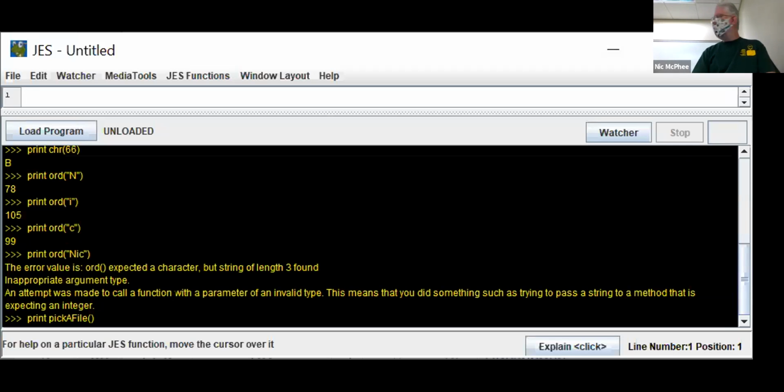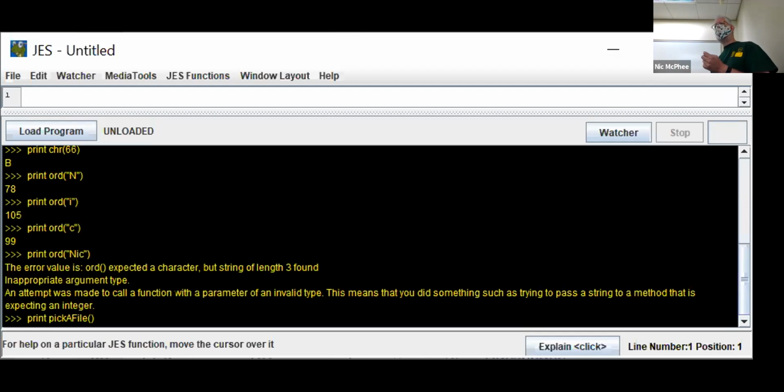Okay. So pick a file illustrates a common capitalization with functions in JES, which is functions where their names are multi-word names, lowercase first word, uppercase all later words.